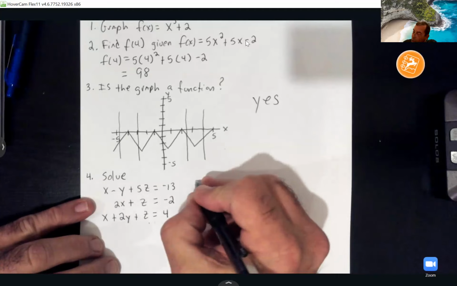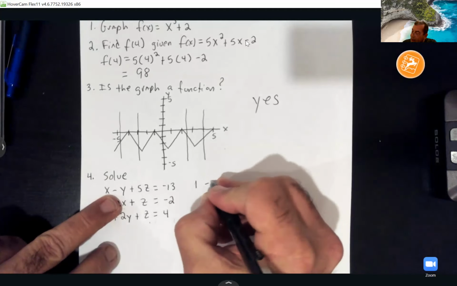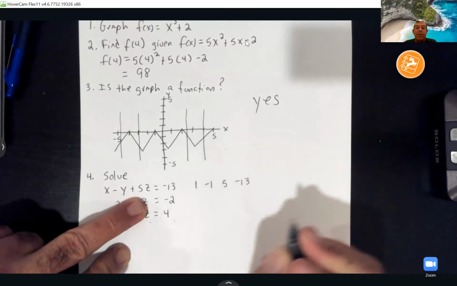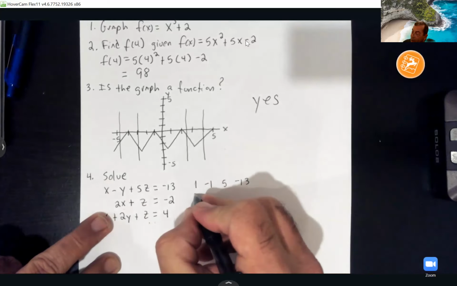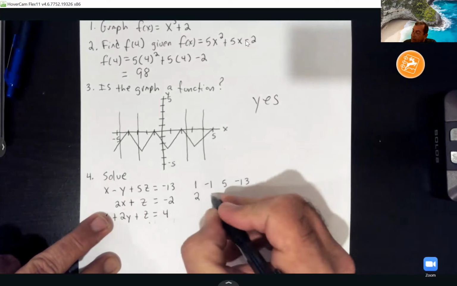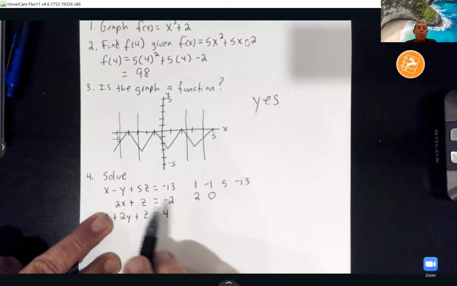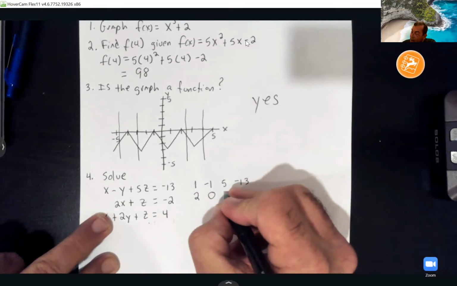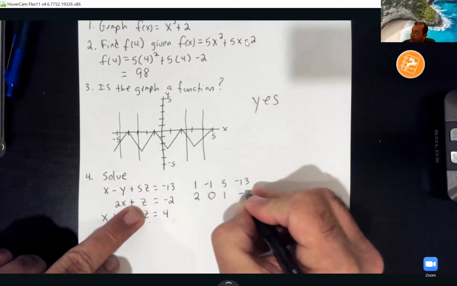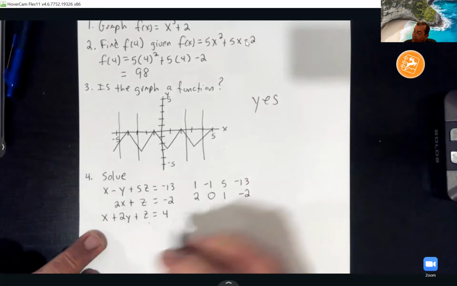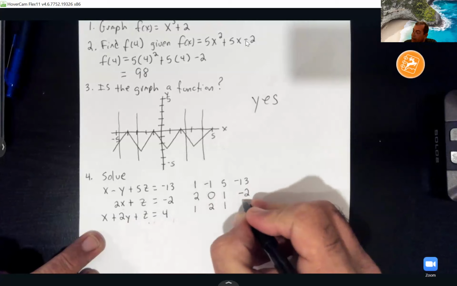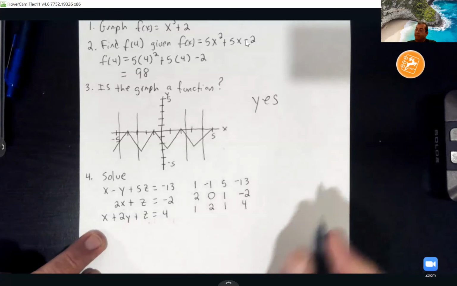I'm going to put a 1, negative 1, 5, and a negative 13. The second row, I'm going to put a 2 for the x's, a 0 for the y, since it didn't have a y in the second equation, a 1 for the z, and then my negative 2. And then my last row will be a 1, 2, 1, and a 4.